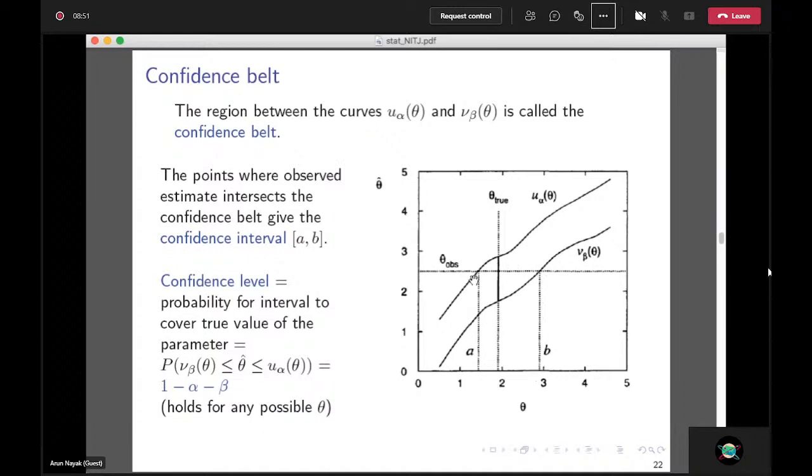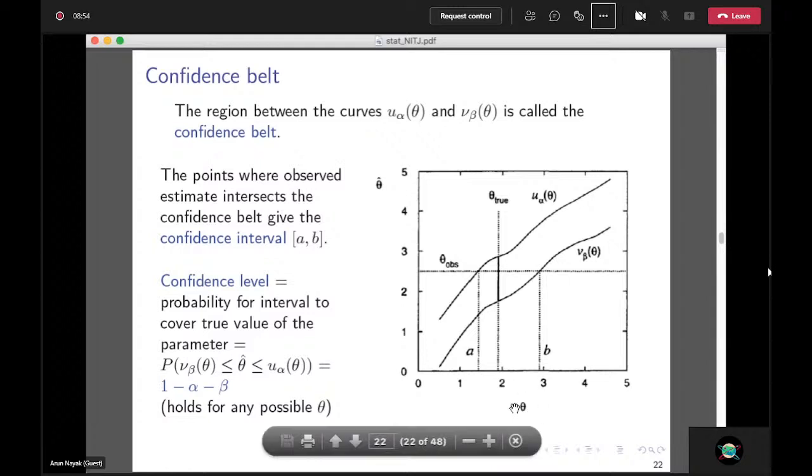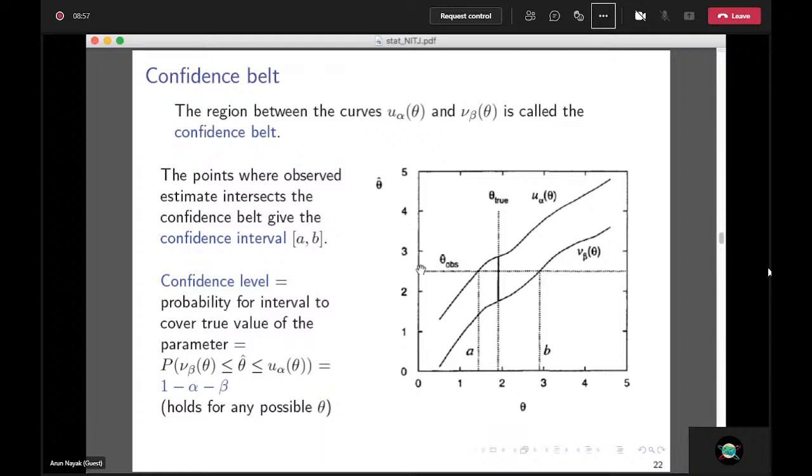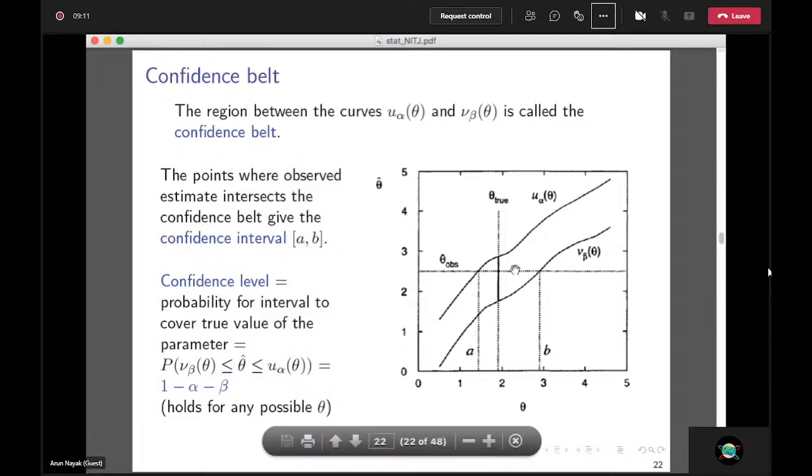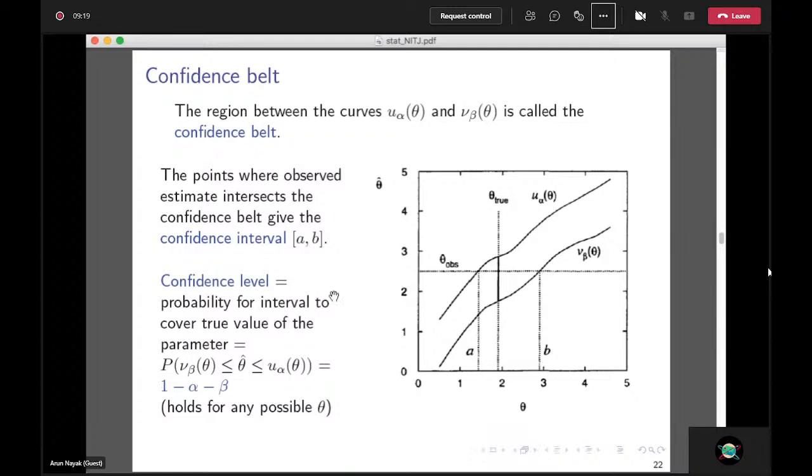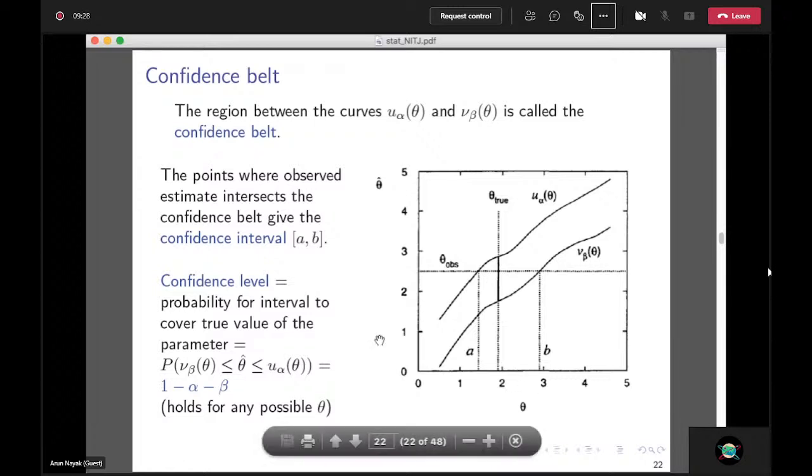The confidence interval is the interval for the true parameter theta, not the estimate. This is something that you need to understand. So when we give that interval, it is for the true value of the parameter. This A and B is for the true value of the parameter theta, in such a way that the probability for this interval to contain the true parameter theta is 1 minus alpha minus beta.